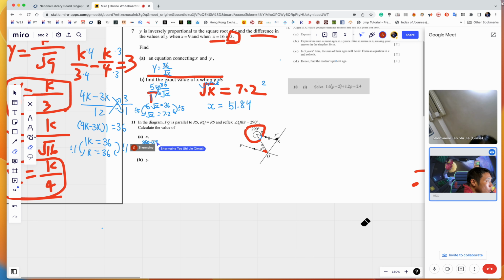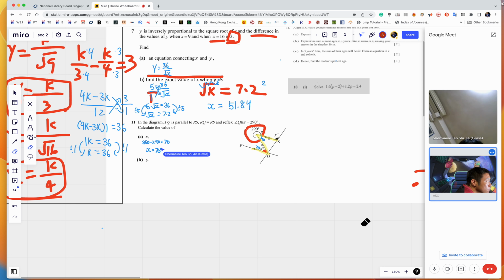Oh, okay, 360 minus. Very good. It's the z. So x equal to 70, correct?